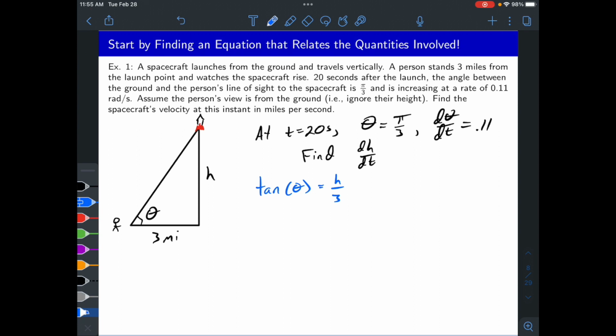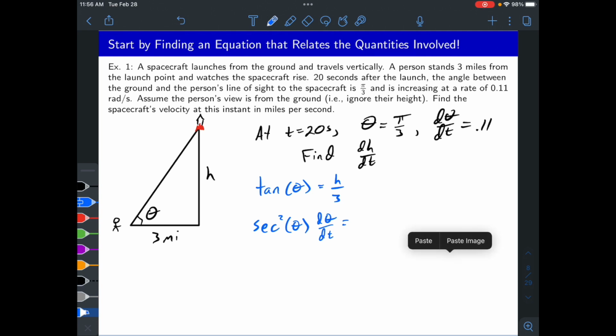All right. From here, we just want to use implicit differentiation to get an equation that relates the rates of change, dh/dt and d theta/dt. So the derivative of tangent is secant squared theta times d theta/dt by the chain rule.